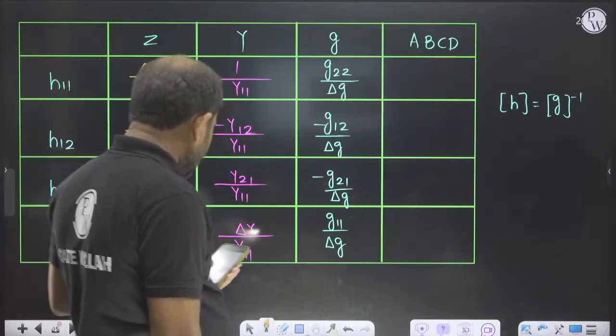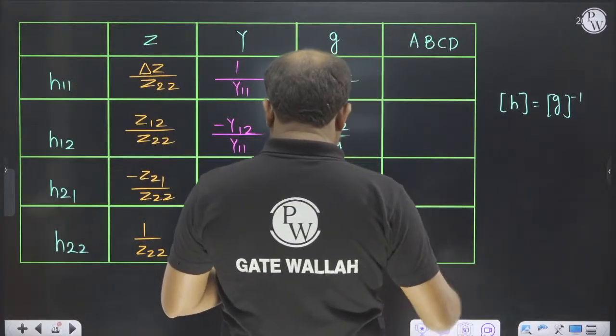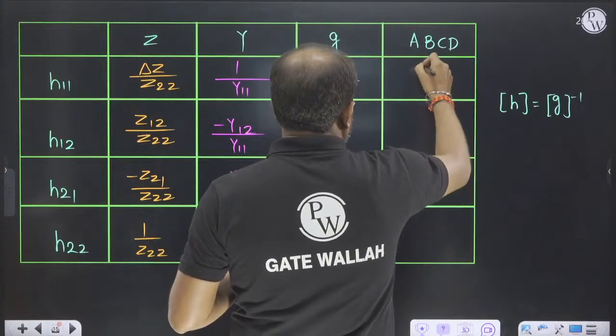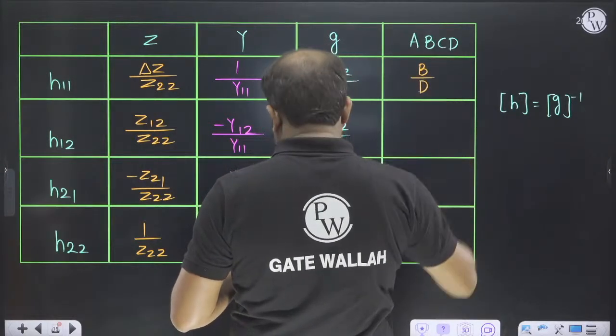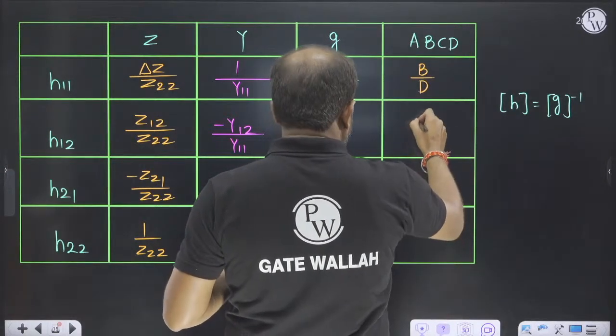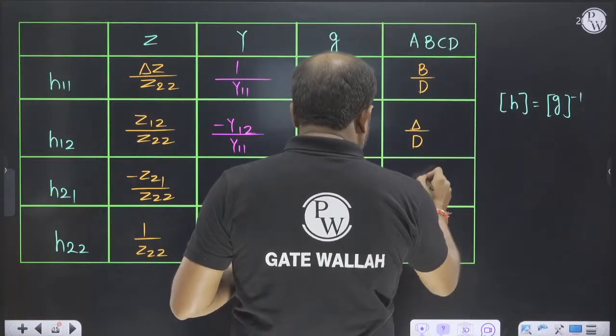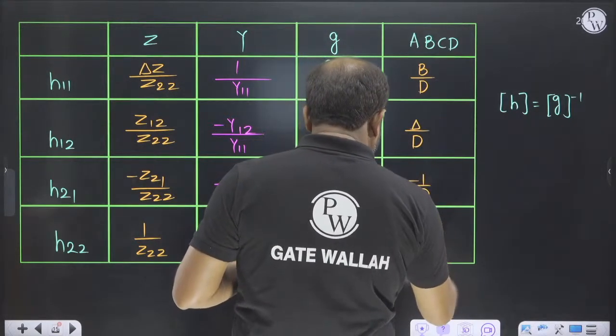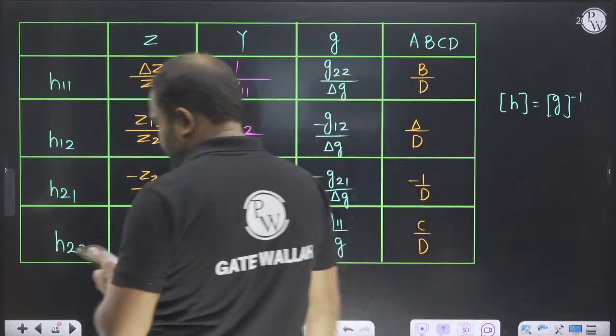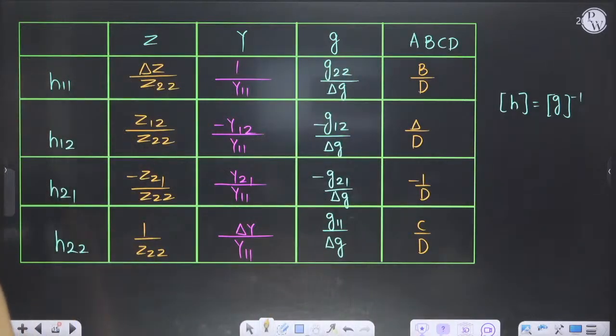In terms of ABCD parameters: 1 by D, B by D, delta by D, minus 1 by D, and C by D. So this is the H parameter in terms of the Y parameter, G parameter, and ABCD parameters.